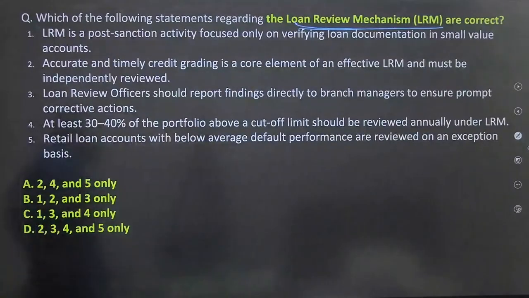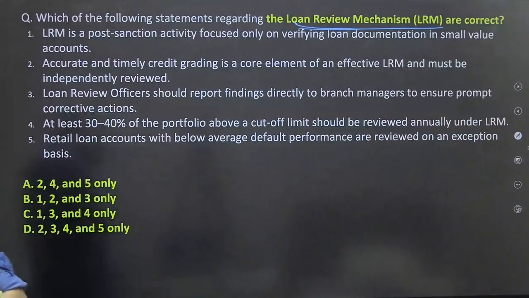Then at least 30 to 40% of portfolio above a cutoff limit should be reviewed annually under the LRM. The retail account with below average default performance are reviewed on an exception basis. So 5 to 10% basically that generally comes under this one. What will be your correct answer for this one?